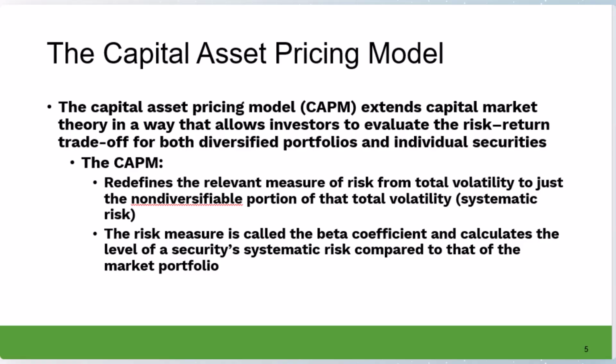Again, remember in previous videos, unsystematic risk disappears in large portfolios. Since everyone is holding the market portfolio, and that is huge, the capital asset pricing model simply asks, how risky is this asset relative to the market portfolio?